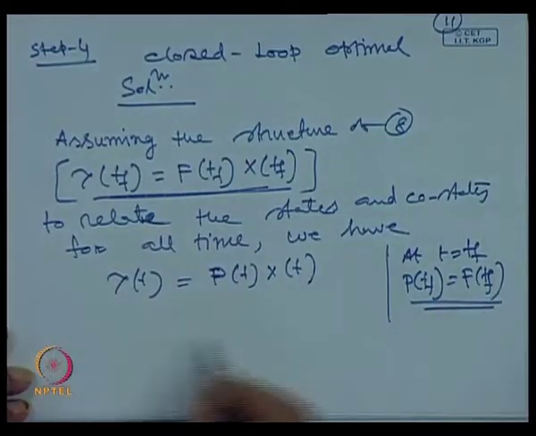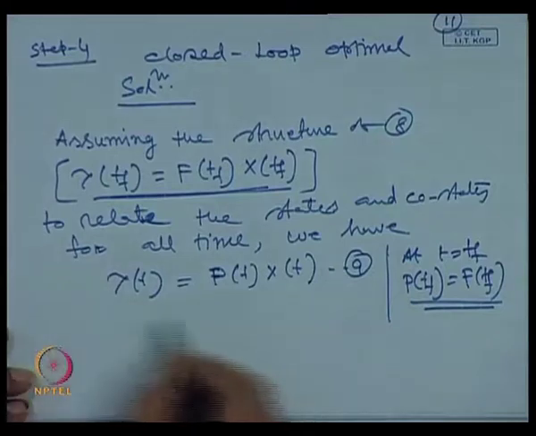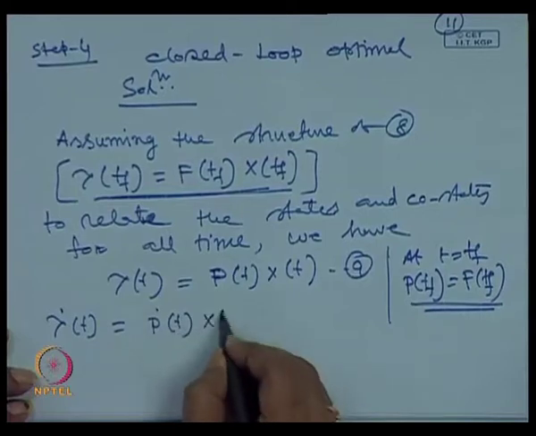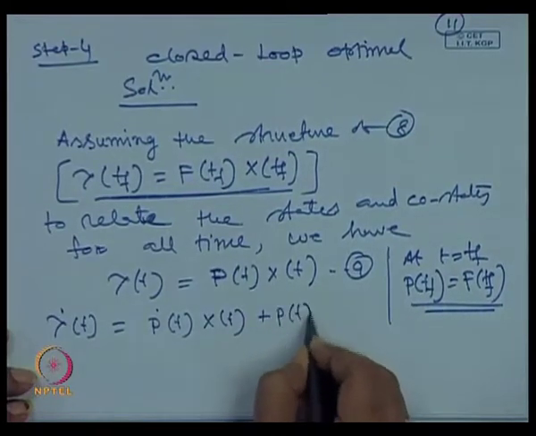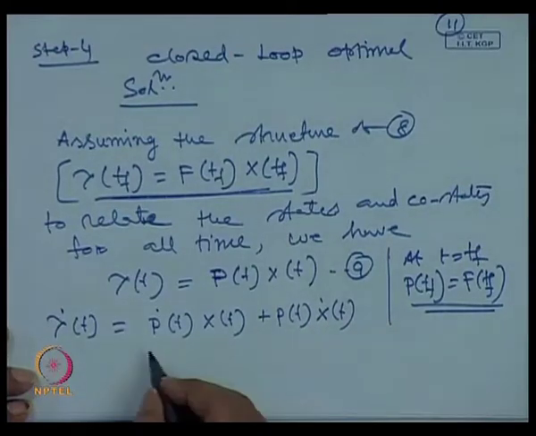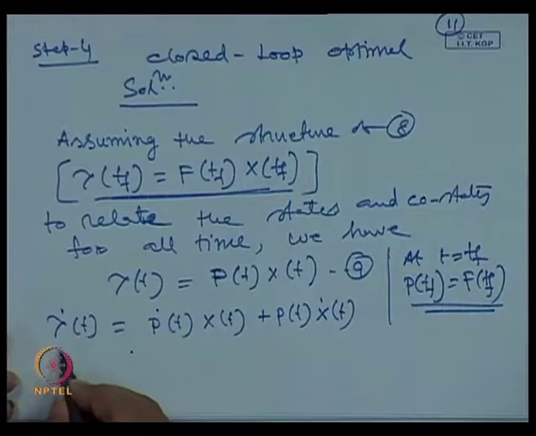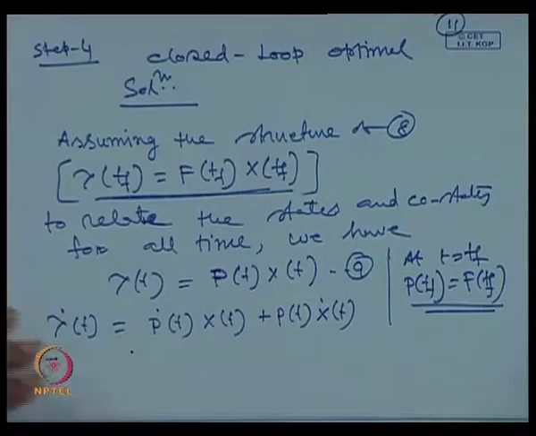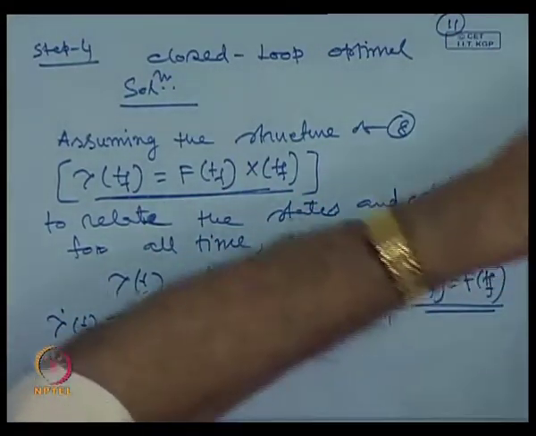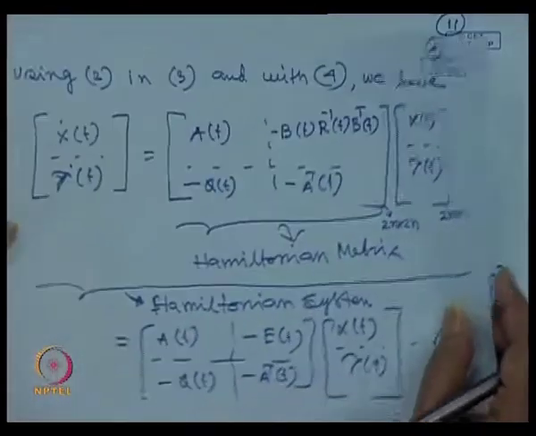And x(t_f) will be near to our origin, the equilibrium point. So if you consider this equation number 9 and differentiate on both sides, we will get P dot of t into x of t plus P of t x dot of t. Put the value of x dot of t in the expression, and lambda dot of t. What is lambda dot of t?